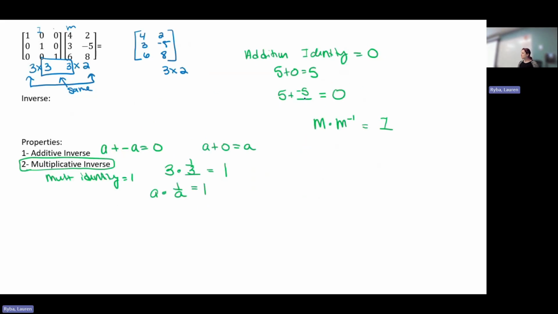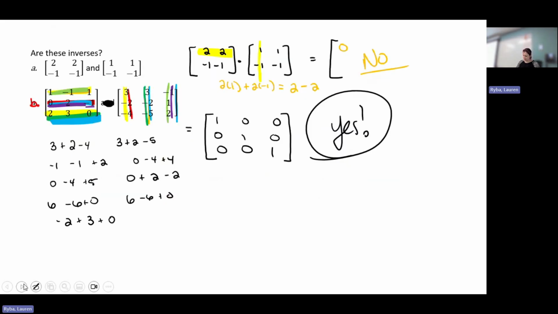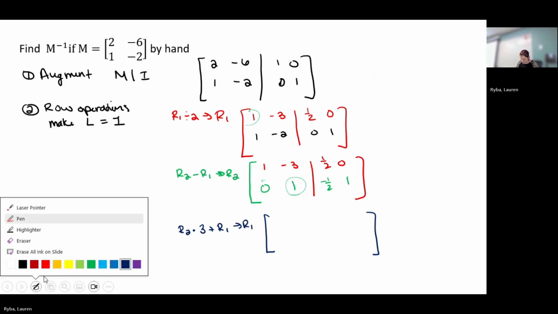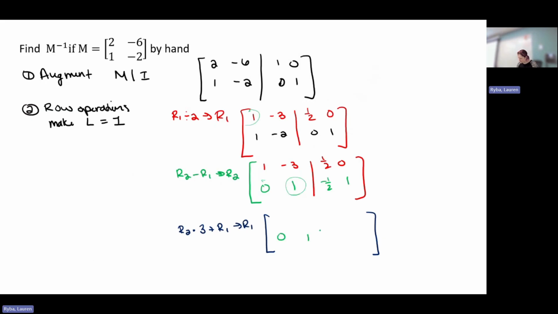The opposite of -3 is +3 because my goal is to make it a 0. So we're using these identities all through this process. So I'm going to multiply by +3 so that if I add it to row 1, it cancels out the -3.